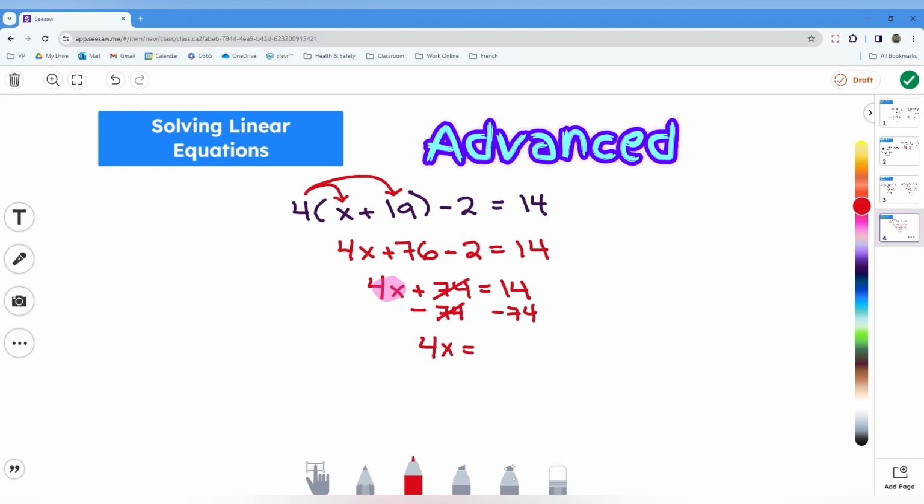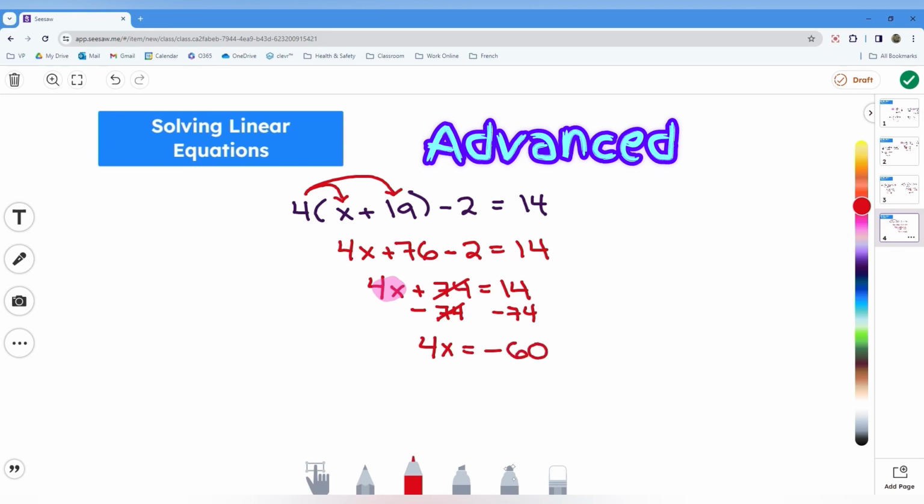Now we can figure out what is 14 minus 74. Once again, remember that integer rule. Since we have a positive 14 and a negative 74, we look at which number is bigger. 74 is a larger number. That tells me the answer must be negative. And now I look at a subtraction. How many digits are between 74 and 14? And that is 60.